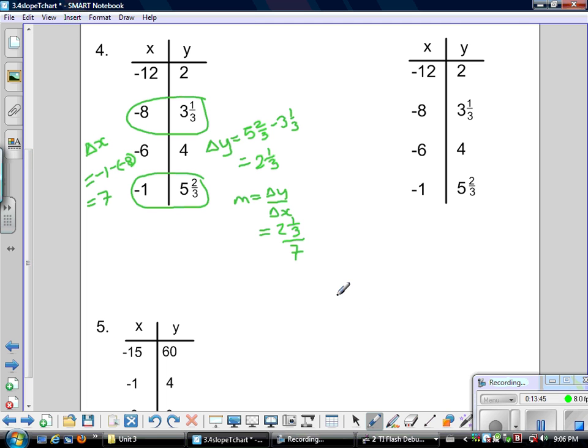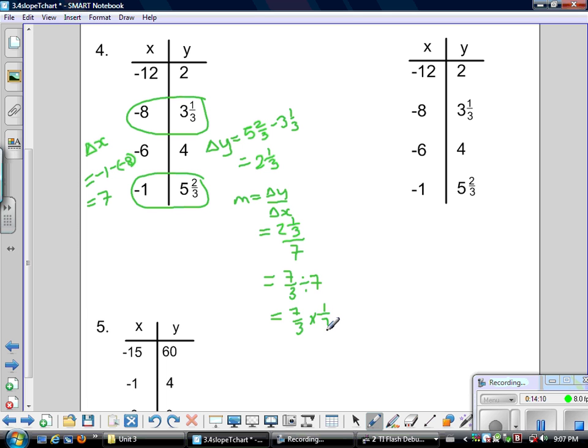So we're doing a lot of reviewing of fractions here. So 2 1/3 is the same as 2 times 3 is 6, plus 1 is 7. So that would be 7/3 divided by 7. And remember, when I divide by fractions, I multiply and reciprocate the second one.